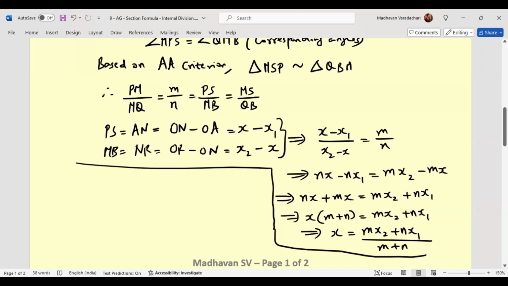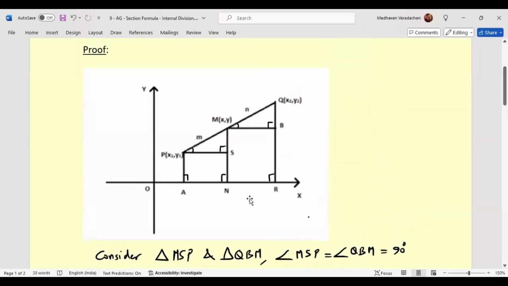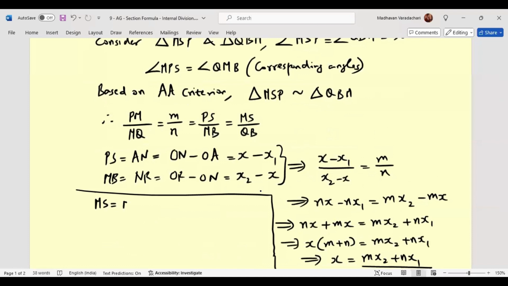Right. Now let us consider MS. What is MS? MS is the same as MN minus SN. What is MN?